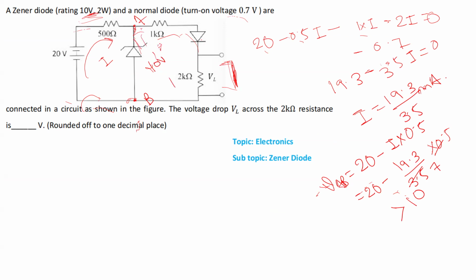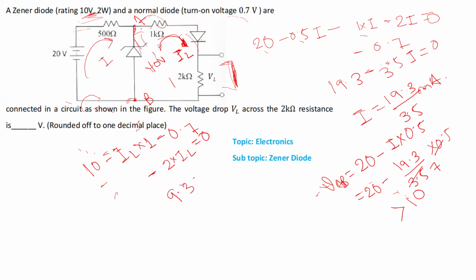So next is to find the current flowing across this loop of the branch. We can easily find it, right? If IL is the current, then 10 minus IL into 1 minus 0.7 minus 2 into IL equal to 0.